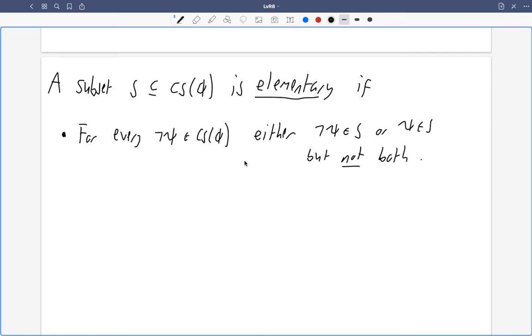So the point here is the set we're defining, the set S, is the set of formulas that are true at a given state. And so at every given state on a run, either psi will be true or not psi will be true, but of course it won't be the case that both psi and its negation are true at the same state along the same run. So we can never have a formula with its negation, but one of them should be there, because one of them will have to be true.